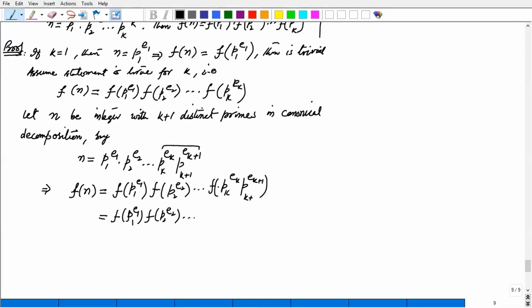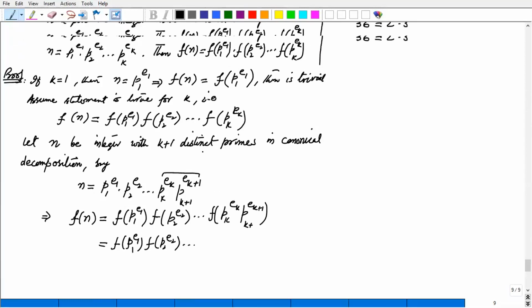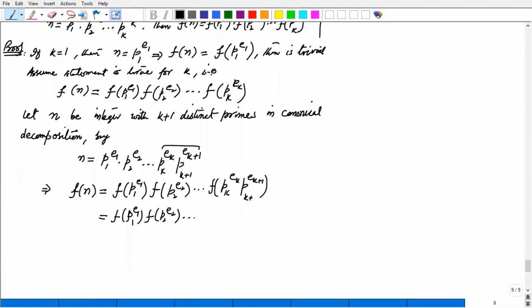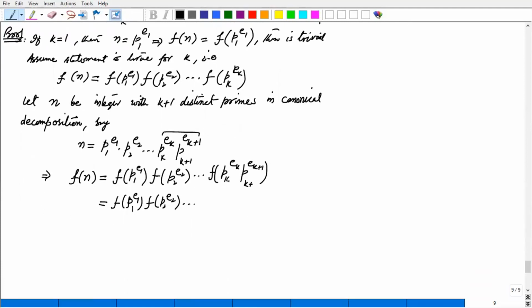So f is multiplicative because it's given in the theorem, and we know that pk to the power ek and pk+1 to the power ek+1 are relatively prime because their GCD must be 1, because they are distinct primes. So pk and pk+1 are distinct primes, so their powers must be distinct primes.